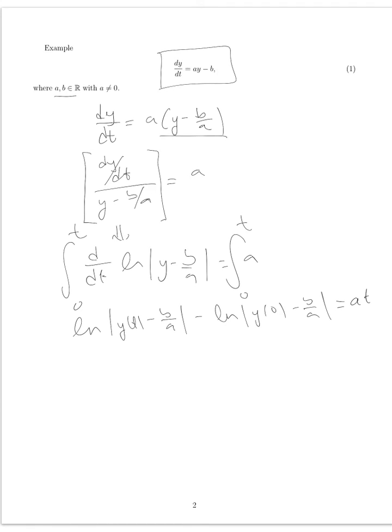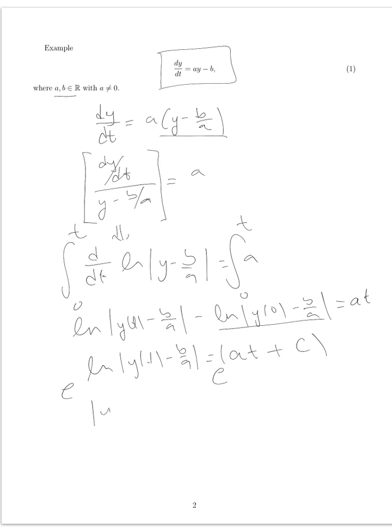So natural log of y of t minus b over a is at plus a constant, and this is just a constant, so let me write it as c. I can now take the exponential of both sides, right?